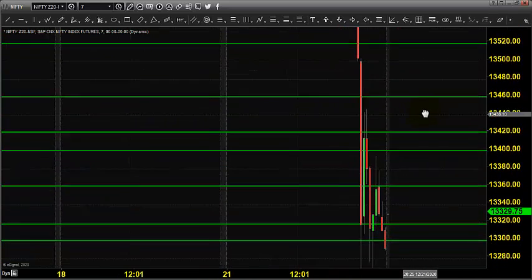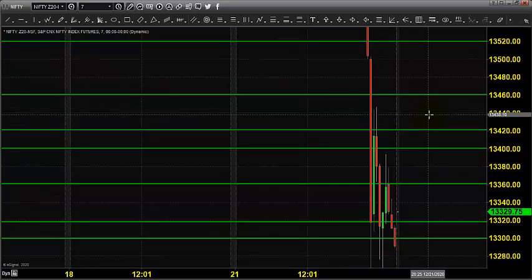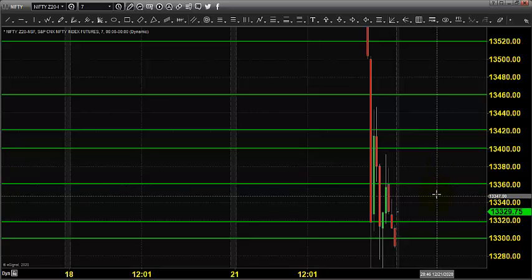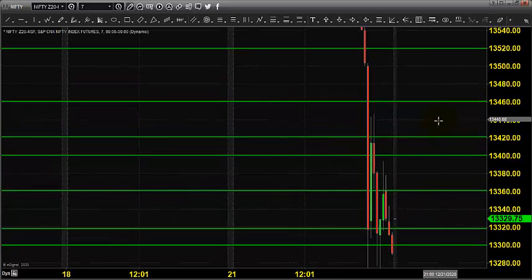There are two things you need to have in mind. You should pick the exact zone, you cannot trade in between. So you should be very accurate in picking the levels. Wait for the price to come near 13,460 and go for selling.